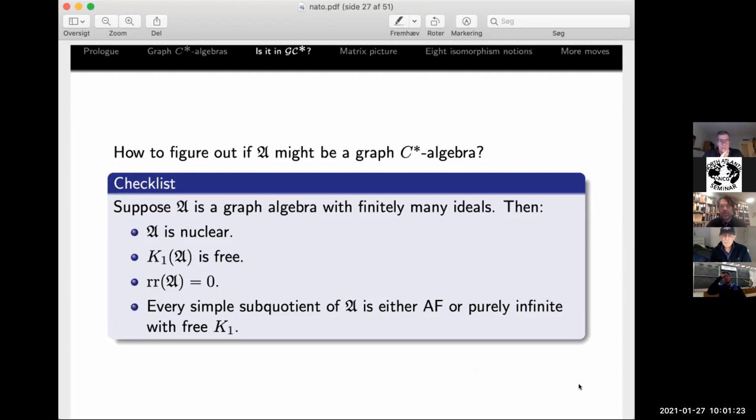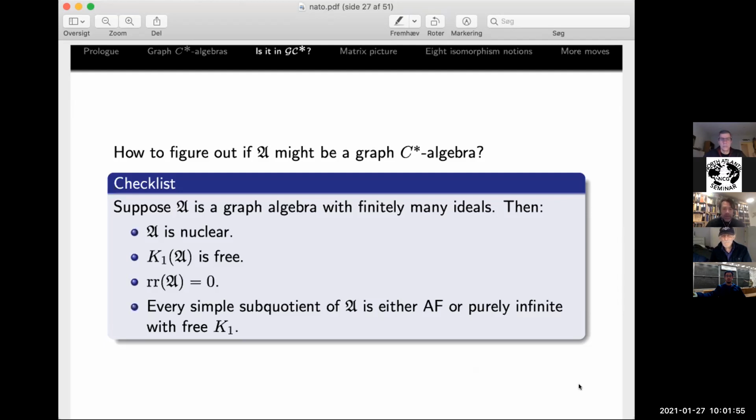But there's various things that would have to be true. So if you have a concrete example in mind and you're wondering, this C-star algebra that I care about, is it a graph C-star algebra? Here's a bunch of things that it would have to satisfy. First of all, it's always nuclear. So if you have something that's not nuclear, then you're out of luck. There's variations of the graph algebra definitions that will give you some non-nuclear C-star algebras, but they don't have a nice classification theory, as you can imagine.